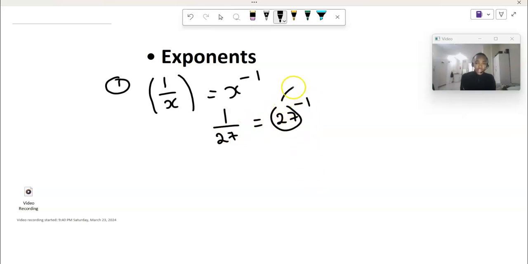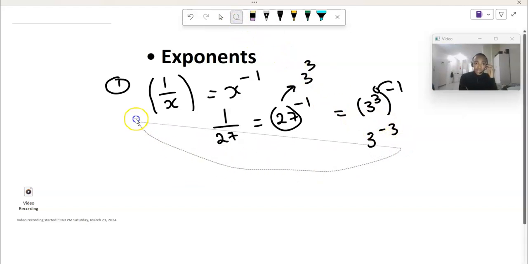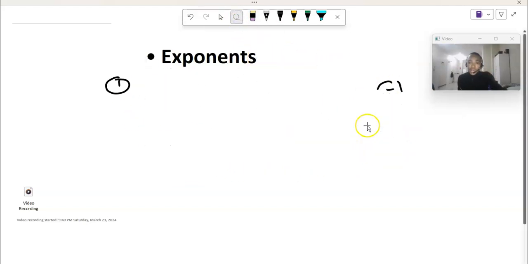Then you can change this one, of course, to 3 cubed, so it is 3 cubed to the power negative 1. So you can multiply that inside, which is 3 to the power -3, which takes us to another characteristic of multiplying the exponents.